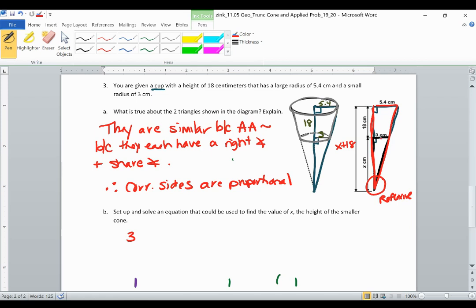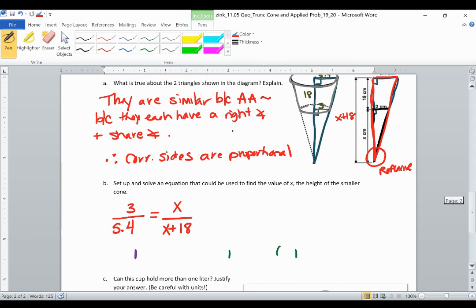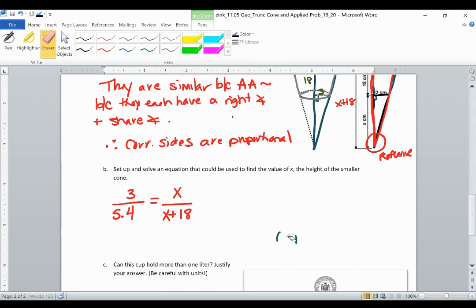One of the legs of the small right triangle corresponds to my 5.4, the side of the big right triangle. And side x, this leg over here, corresponds to the entire side of the large right triangle.